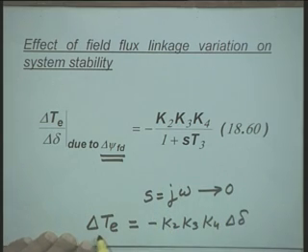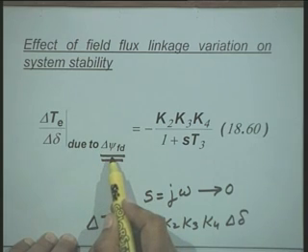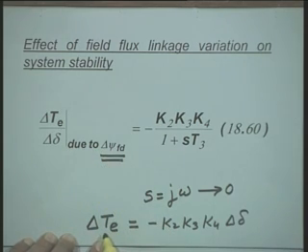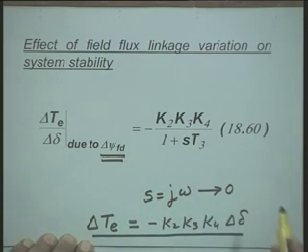Then delta T can be written as minus K 2 K 3 K 4 delta delta. That is, the change in air gap torque due to change in delta psi f d is expressed in the form given by this expression. Okay, this delta T is equal to minus K 2 K 3 K 4 delta delta.